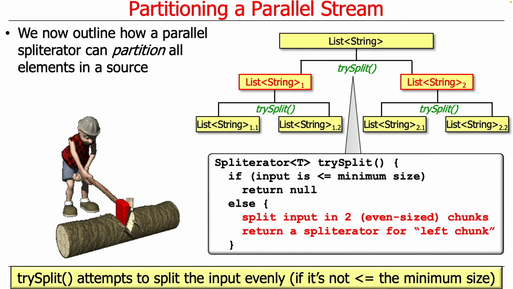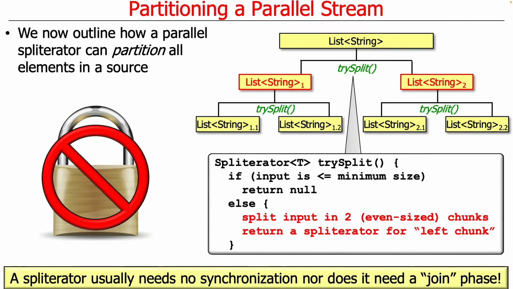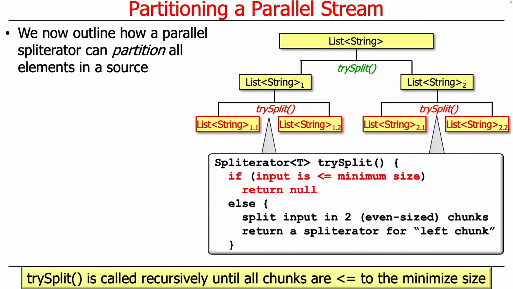A spliterator doesn't require synchronization, typically, nor does it need to join anything. That's done by later phases in streams. The reason why synchronization is not required is because it's only called in one thread of control. trySplit is called recursively until all the chunks are less than or equal to the minimum size. Once the minimum size has been reached, it returns a null, which is an indicator to the Java Streams framework that there's no more chunking to be achieved.